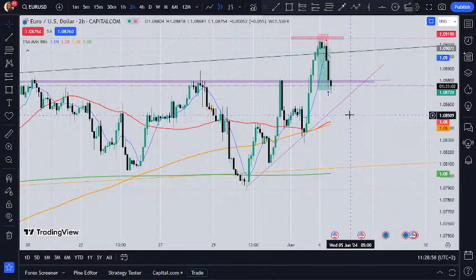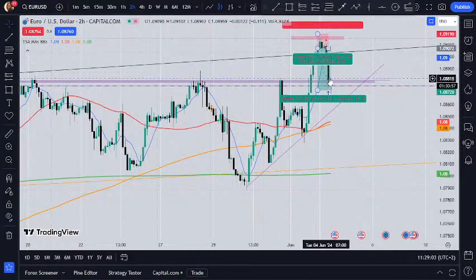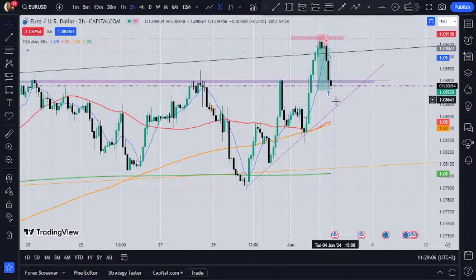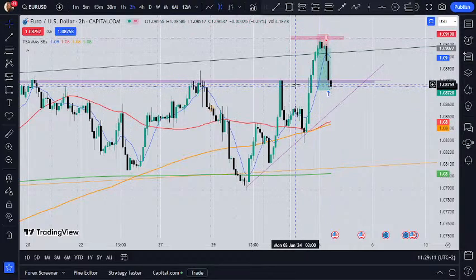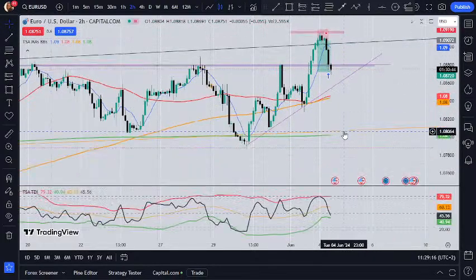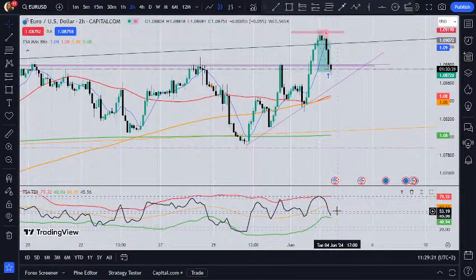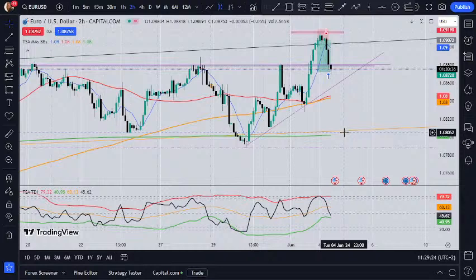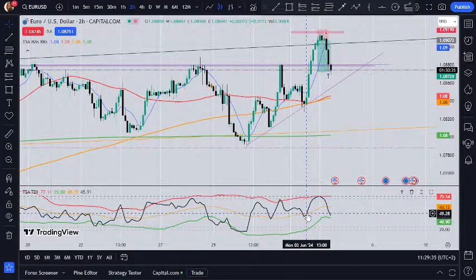But this one sort of respected there, never closed below there. So we see how this one closes. If it closes somewhat there or above, yeah, it could be, because if you go to the lower time frames, this is not yet a shark fin, but it's a divergence, it's forming divergence.